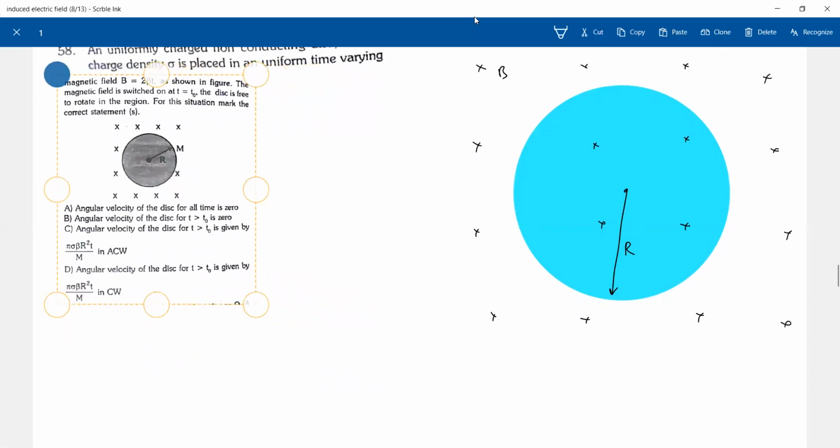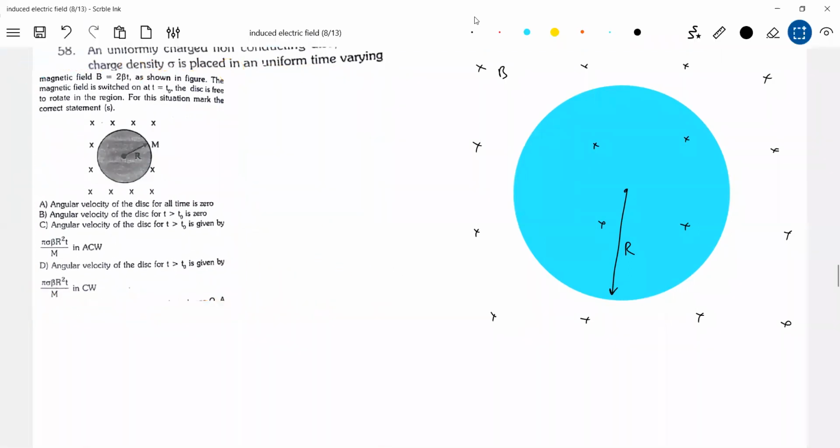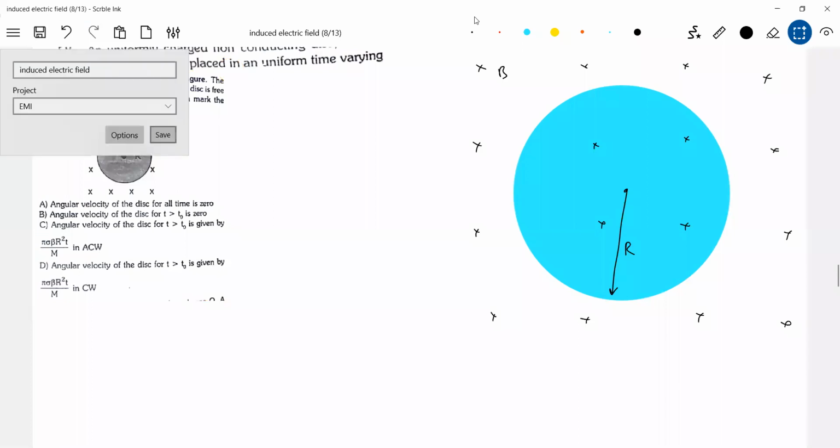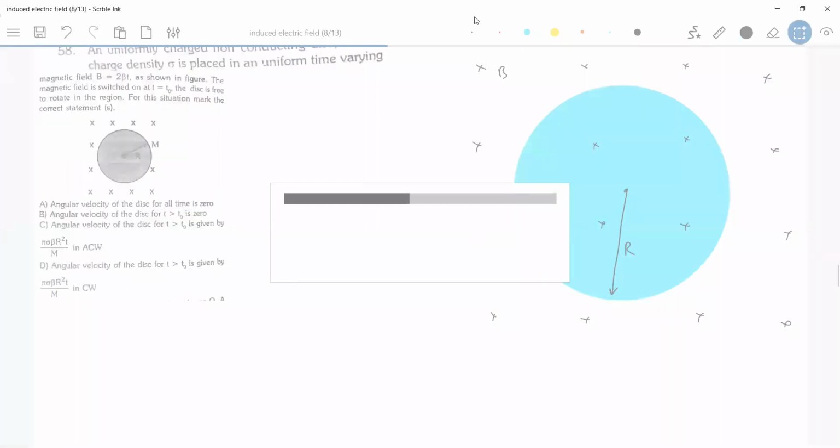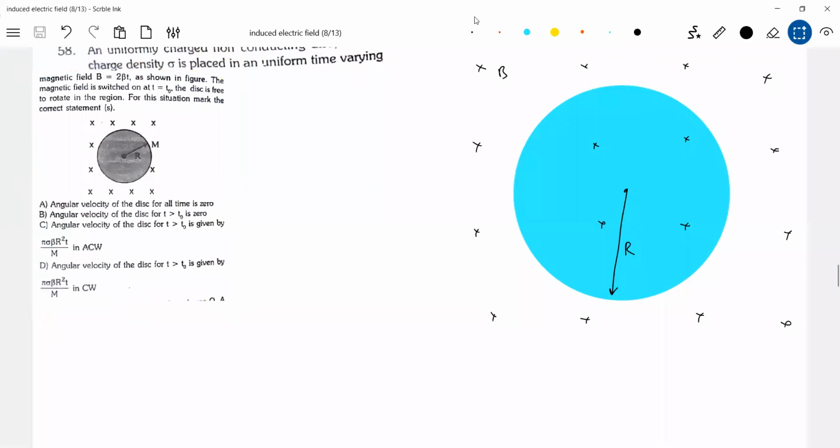I'll make it a little bit small. What actually is the meaning of all this? There's a solenoid. Inside the solenoid, a charged disk is kept. And B bar will be directed in this direction.